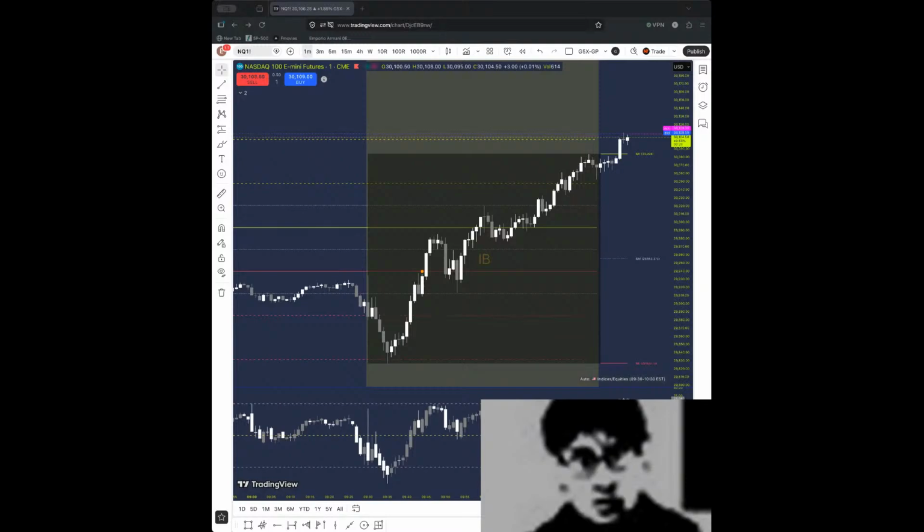Look at that leg up, and then these red candles are like 2 cents. Crazy. So frustrating when they do one direction. My Achilles heel.